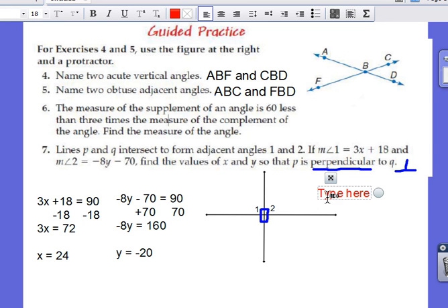So here, I'll use red. Here we're going to put negative 8 times negative 20 minus 70 should give me 90. Oh, what happened there? Okay. Let's put spaces here.